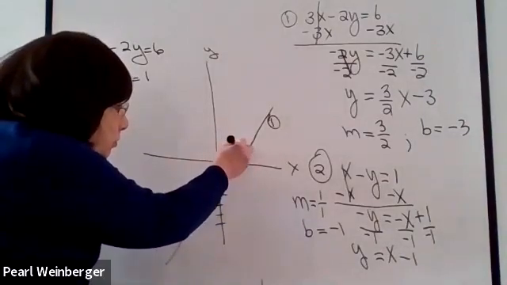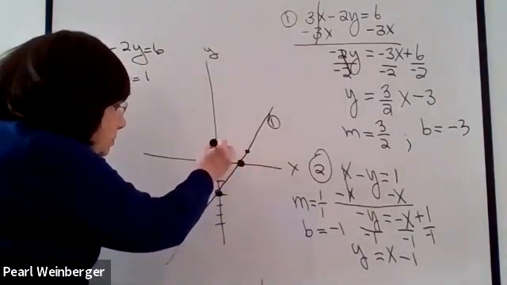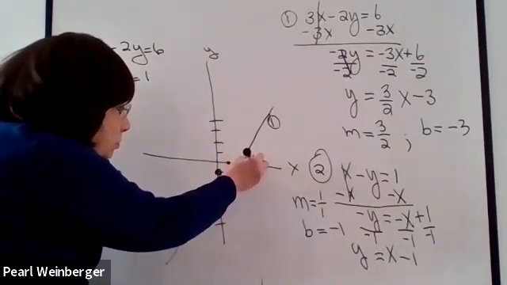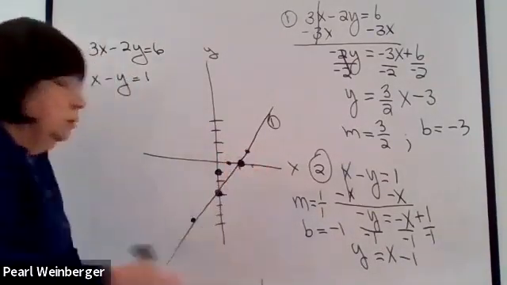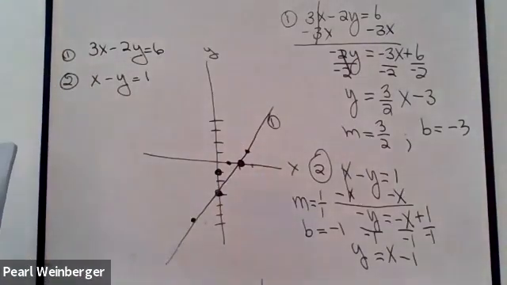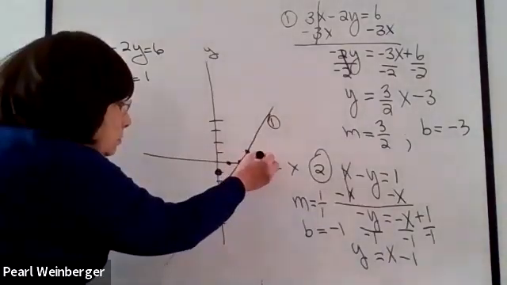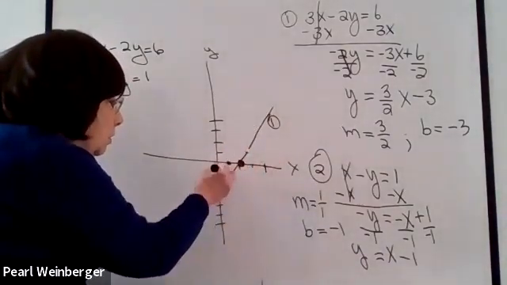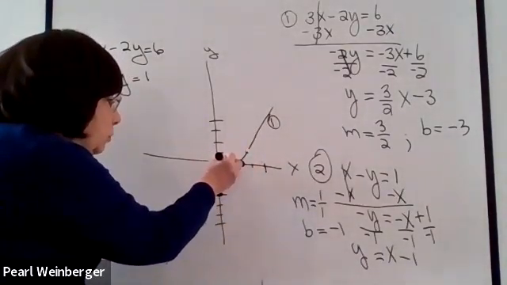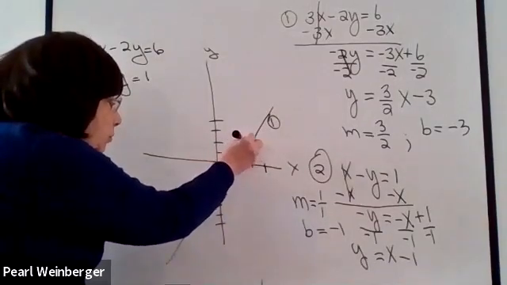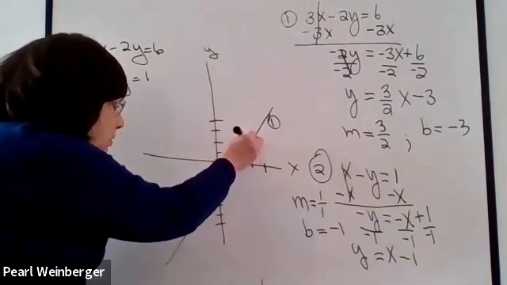Up 1 over. This is the problem I'm running into. 1, 2. Okay, let's do this. Up 1 over 1, up 1 over 1, up 1 over 1. Looks like it's about here.